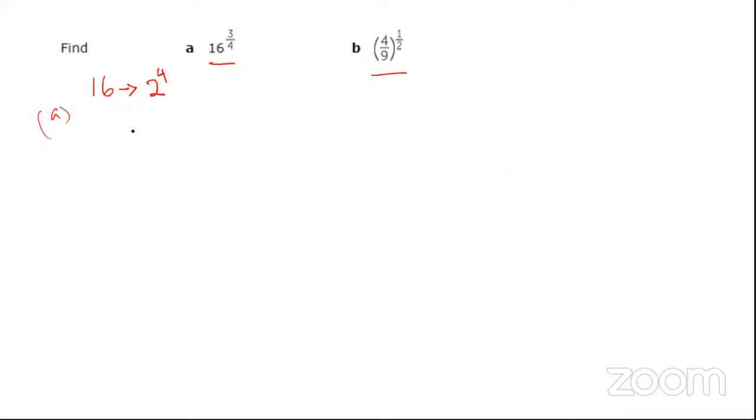So literally what we shall do, we shall say it is 2 to the power of 4 into bracket 3 out of 4. So this will be the same as, you open up the brackets following the other rules of indices. So we shall have 2 to the power of 4 times 3 out of 4. Okay?